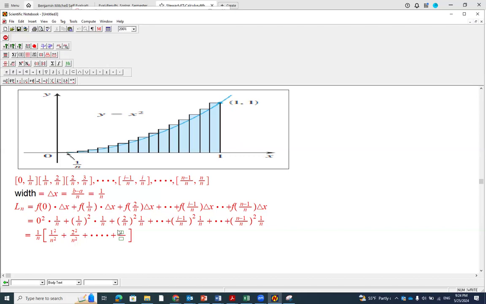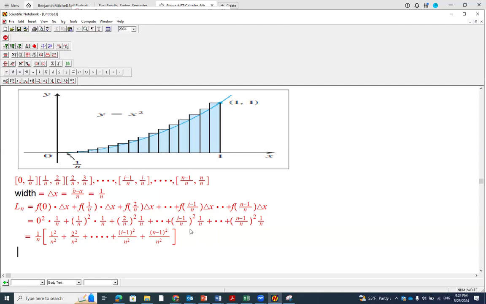Okay, so (i minus 1) squared over n squared. Okay, and the last term, of course, is this piece. And that piece can be written as (n minus 1) squared over n squared. We obviously have a common denominator.